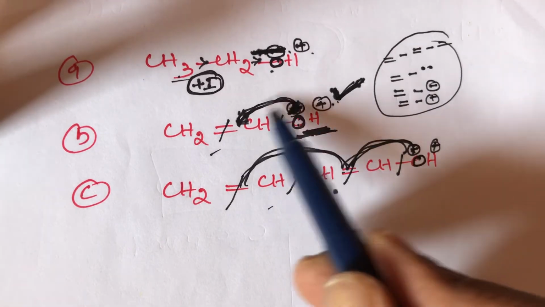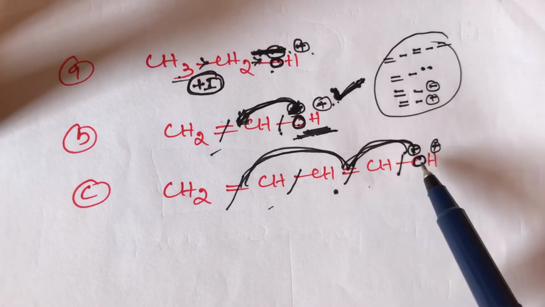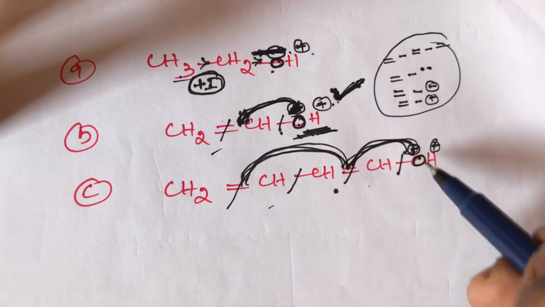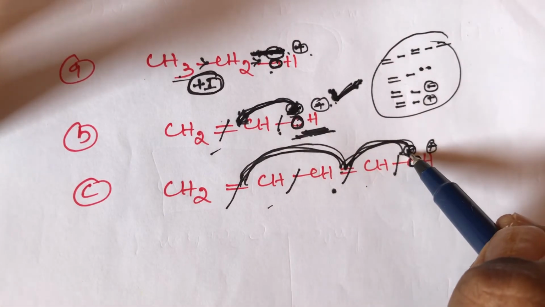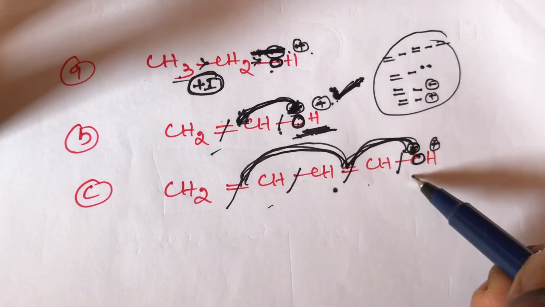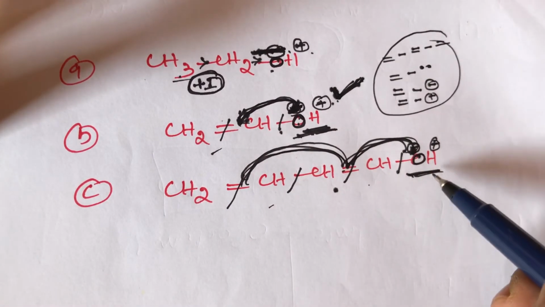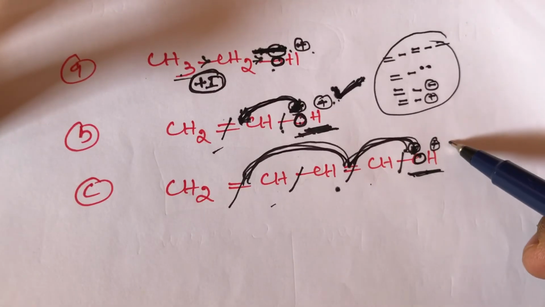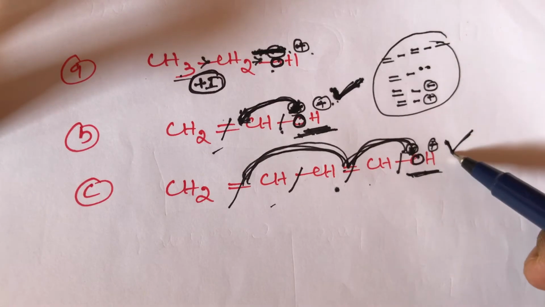In the B compound it is only one step, but in the C compound the negative charge participates two times, so it completely disappears. So there is a weak attraction between oxygen and hydrogen, and that's why the C compound easily donates the proton.